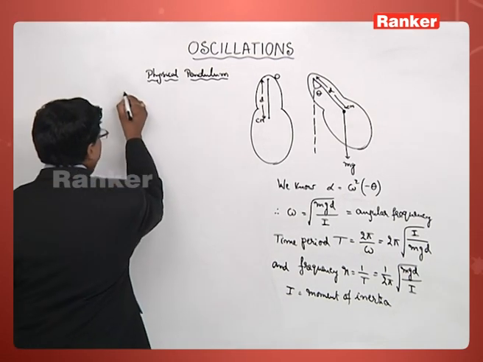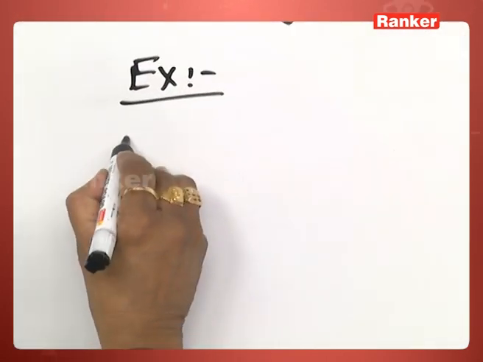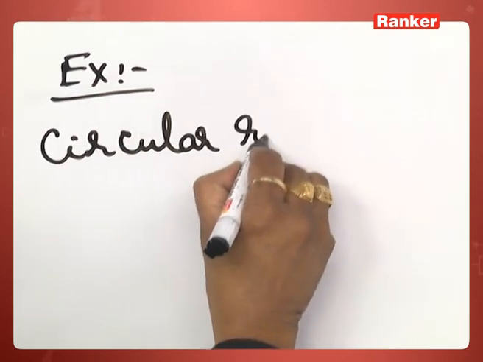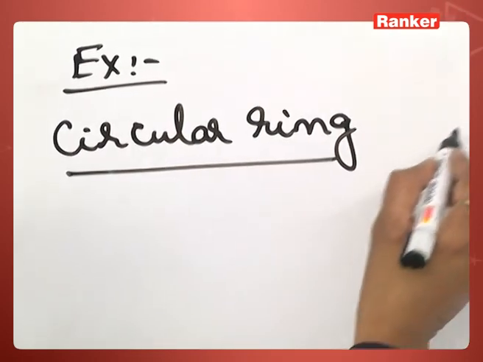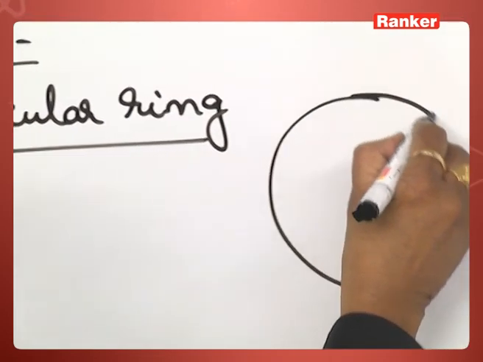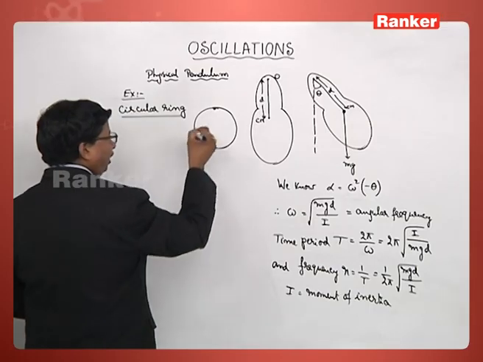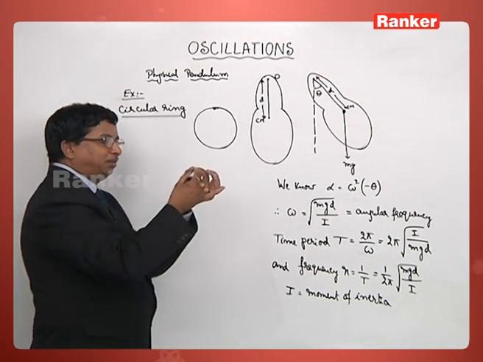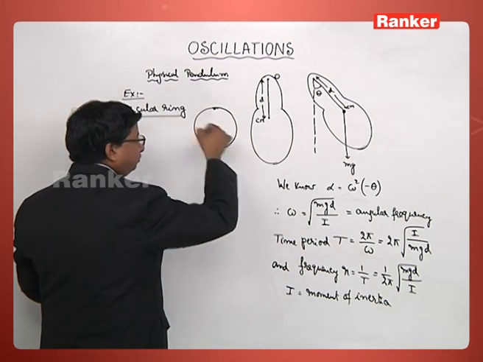Now, as the very first example, consider a circular ring. It is fixed over here, put over a nail like this, and oscillated.